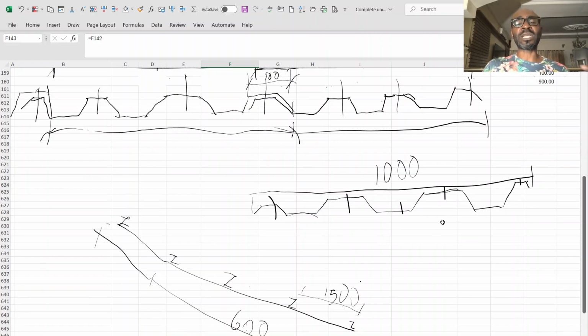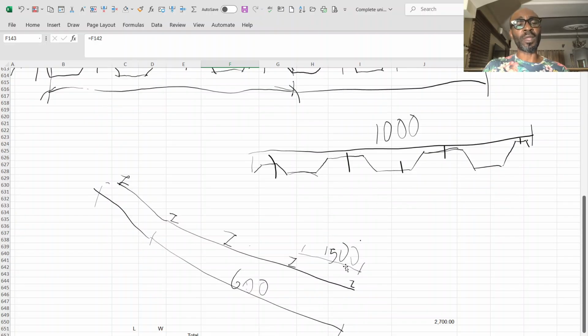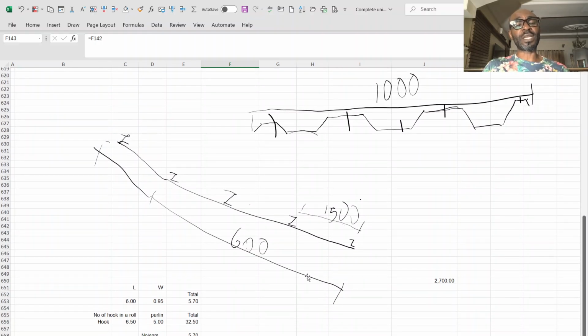And now if you want to determine how many screws per square meter there should be, I'm taking an example where the roofing sheet is 6 meters long and the effective coverage is 950. So if you multiply 6 meters by 950, which is the width, you get 5.7 as the total square area.